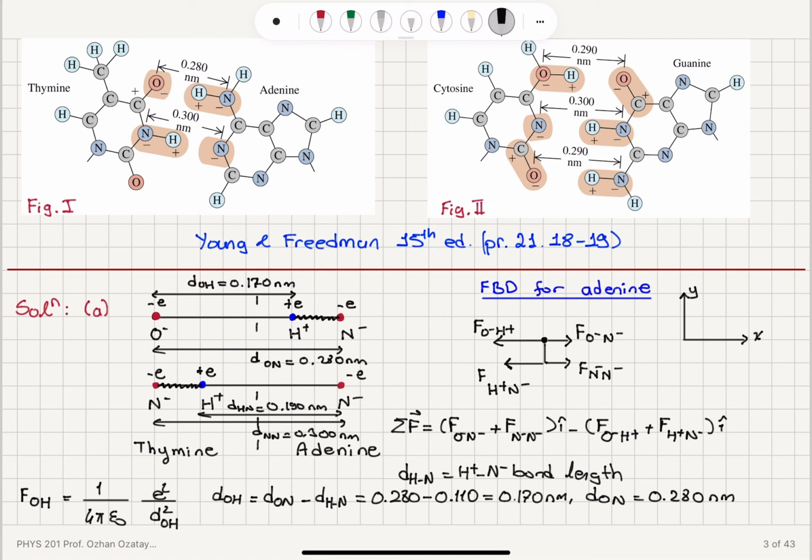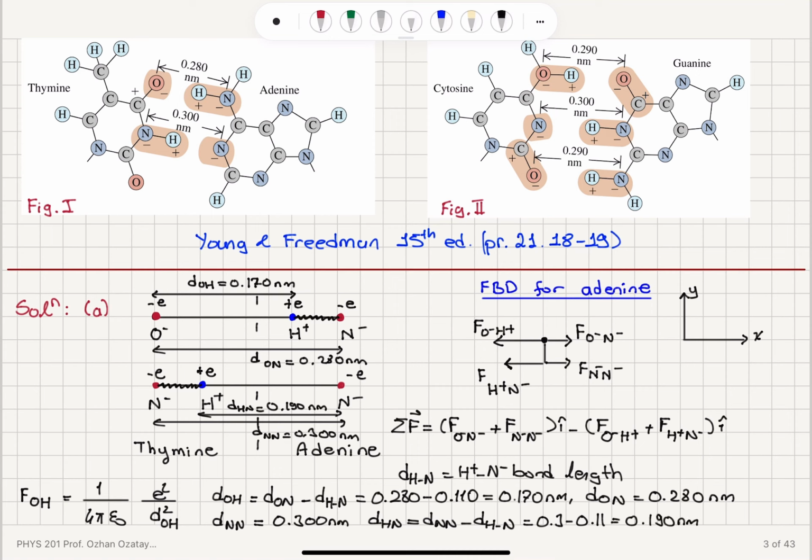The distance between nitrogen minus and nitrogen minus, that's also given in the figure, 0.300 nanometers. The distance between hydrogen and nitrogen is the distance between nitrogen and nitrogen minus the distance of the hydrogen-nitrogen bond. So that is 0.3 minus 0.11, which is 0.190 nanometers.